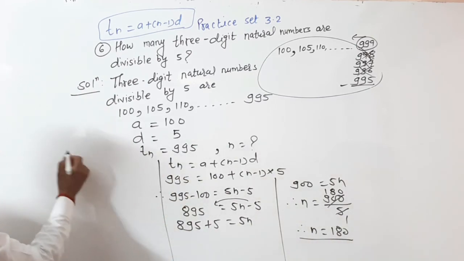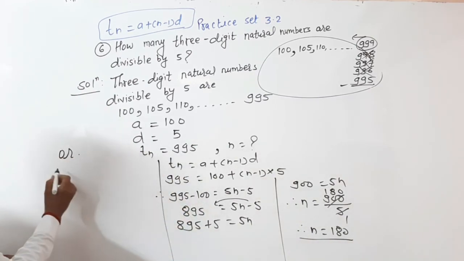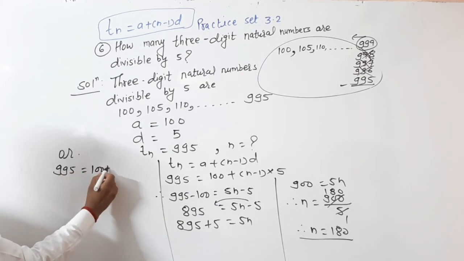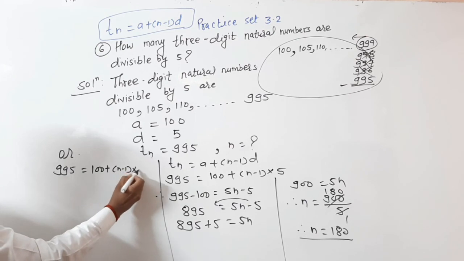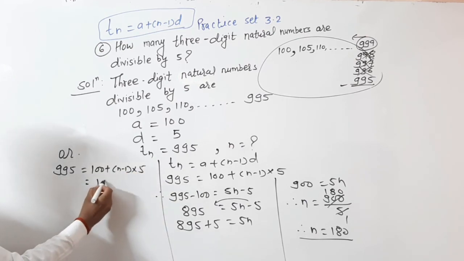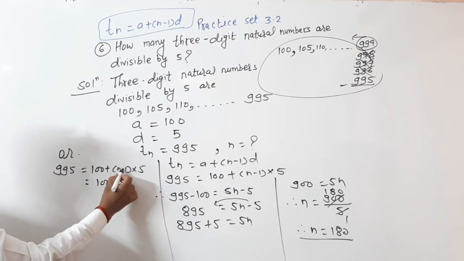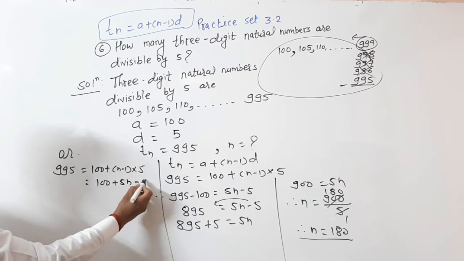Or say your simplification like this: 995 equals 100 plus (n minus 1) into 5. So 100, and when you multiply, 5n and minus 1 into 5 is minus 5.